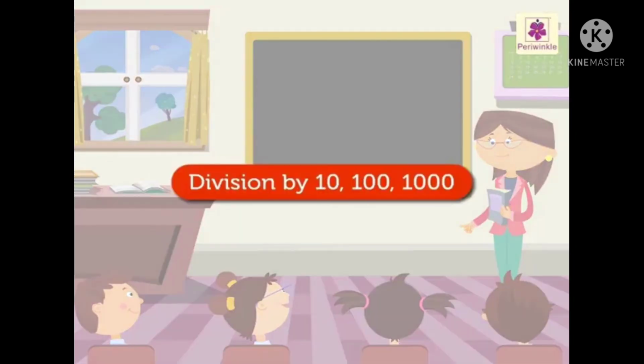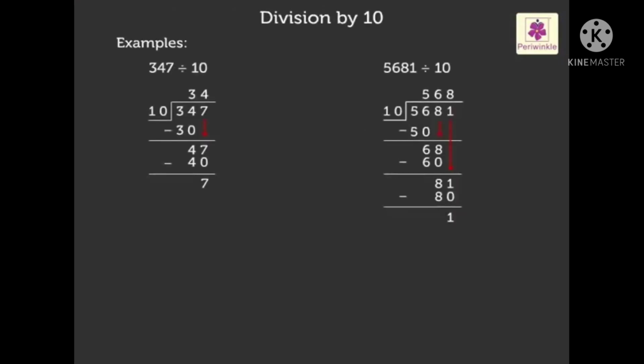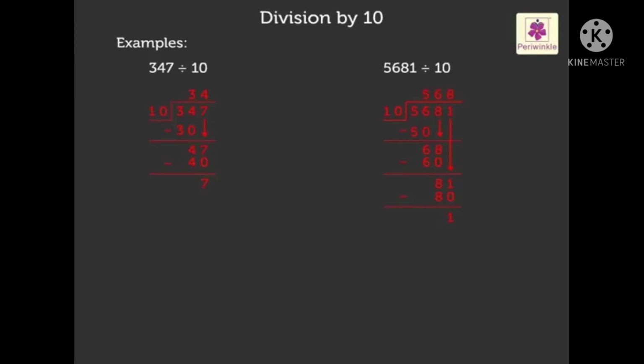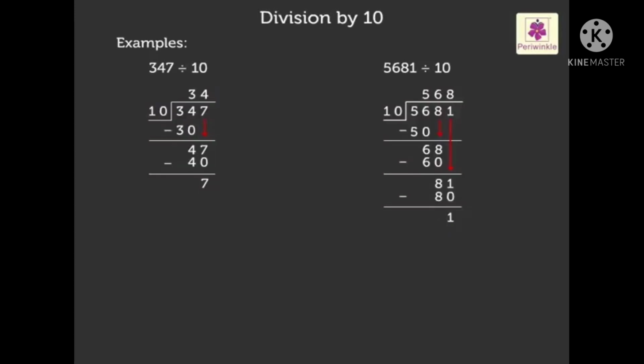Division by 10, 100 and 1000. Let us begin with the division by 10. Look at the board. We have solved 2 examples by division method. Look at the first example. 347 divided by 10.